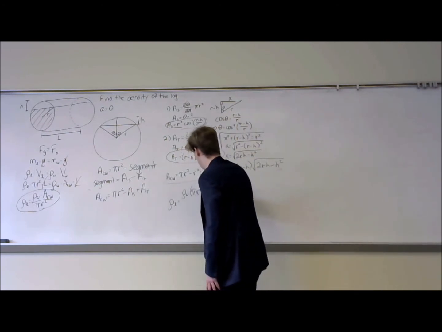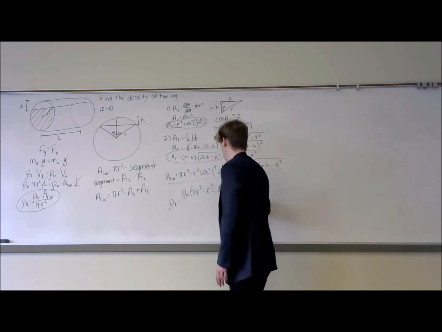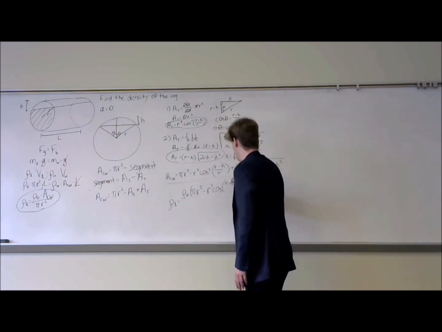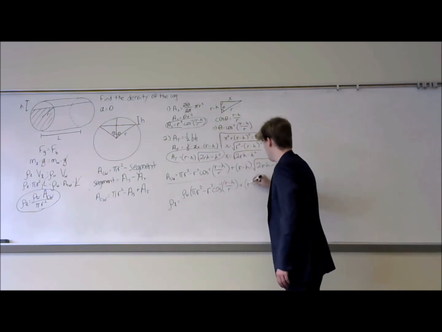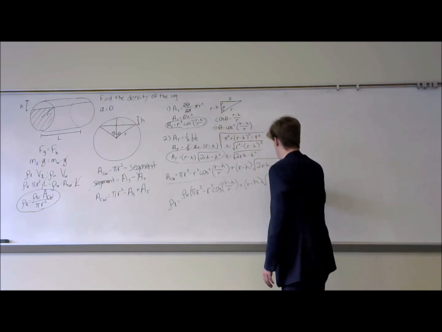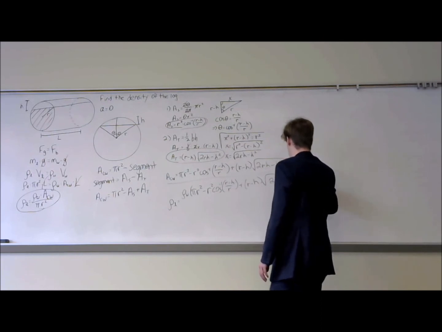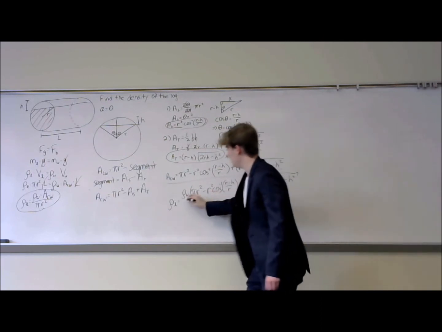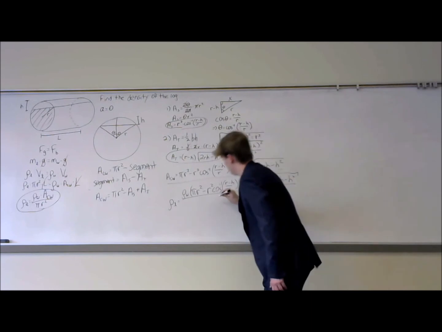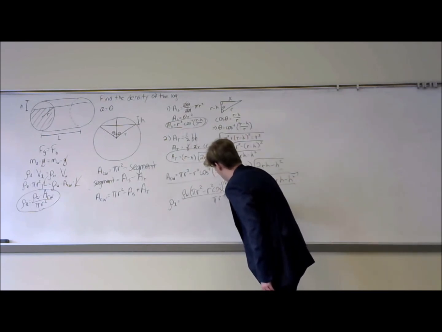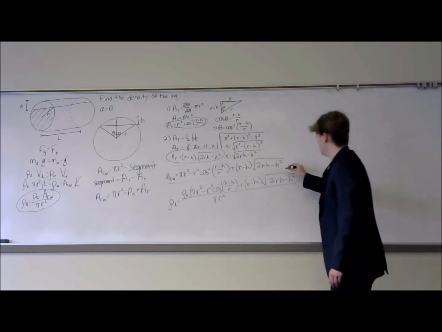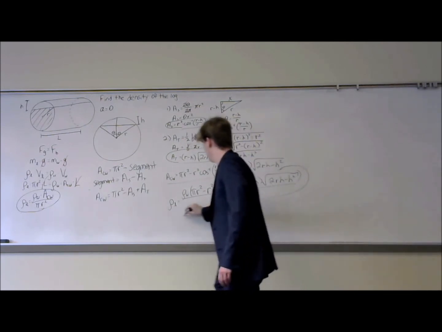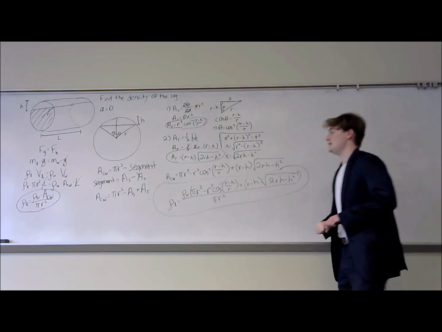So pi r squared minus r squared inverse cosine of r minus h over r, this is inverse, plus r minus h square root of 2rh minus h squared. I hope this is legible. All over pi r squared. Just like that. I'll close parentheses here. And that right there is actually our completed density of the log.